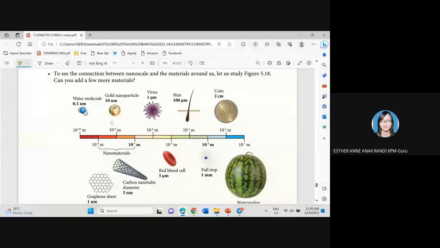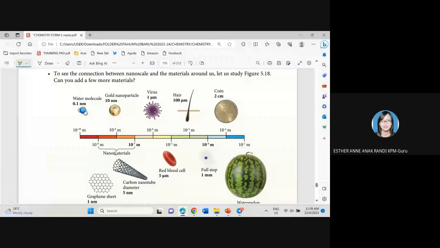It's even smaller than your hair, smaller than the full stop, smaller than one cell of blood.